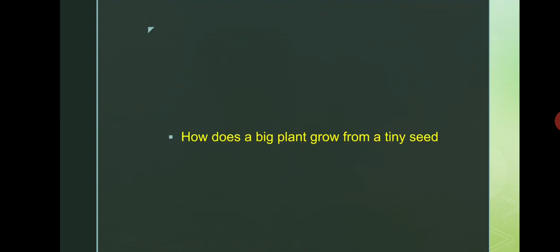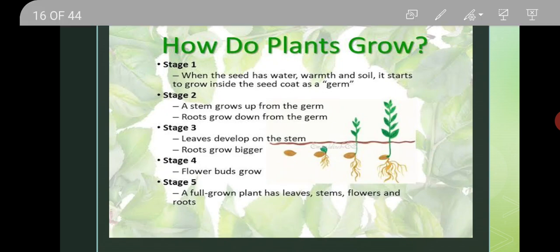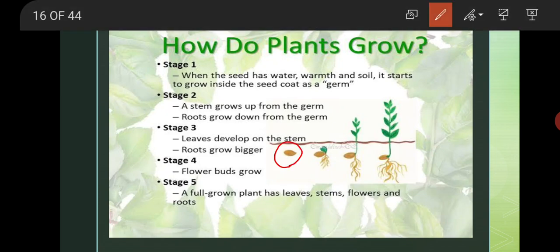Now, how does a big plant grow from a tiny seed? There are 5 stages. What are the stages? First, when the seed has water, warmth and soil, it starts to grow inside the seed coat as a germ. Look, inside the seed coat, it grows as a germ.